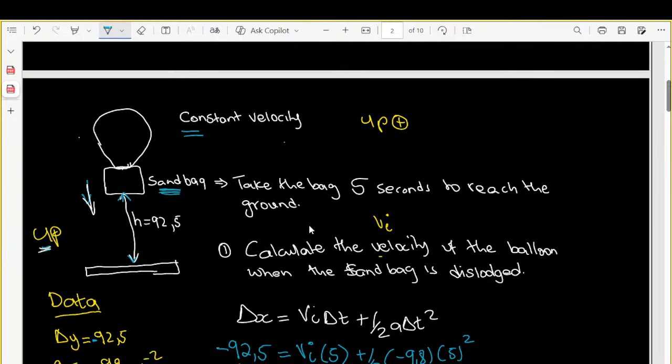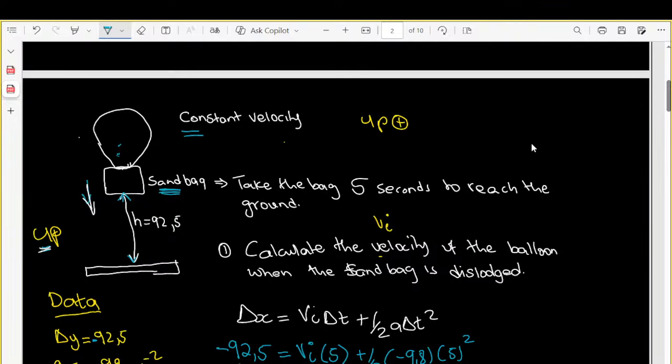Okay, I'm saying that if something is moving up and we throw something, let's say there's someone inside this hot air balloon, then someone throws out the stone. The stone will start by moving up first before it goes down.